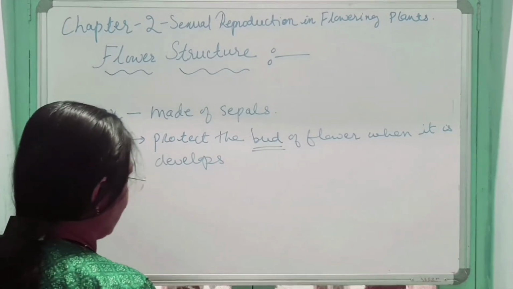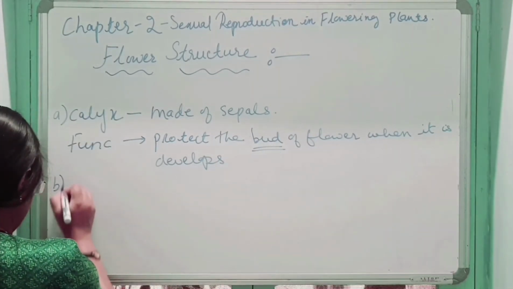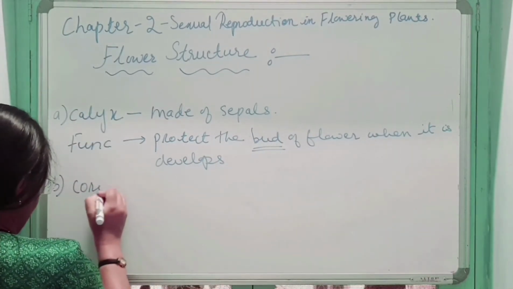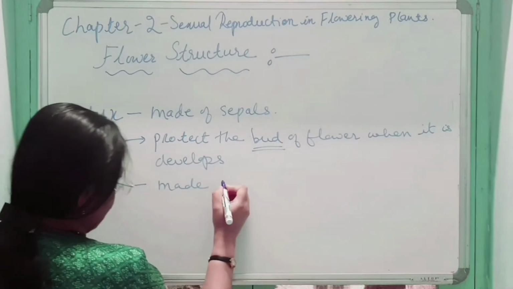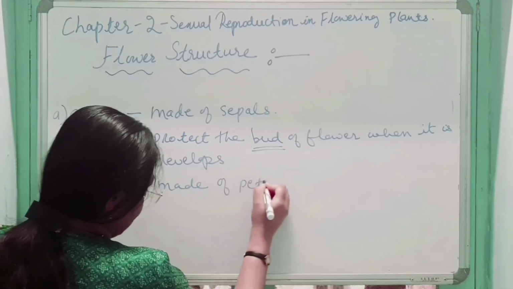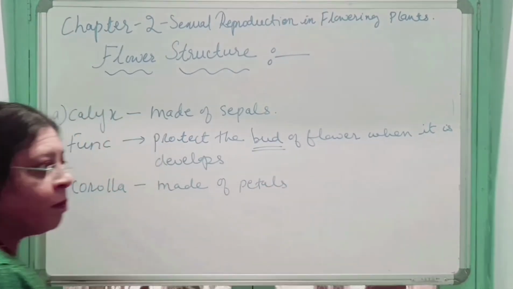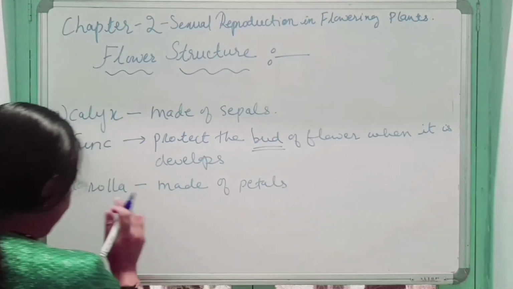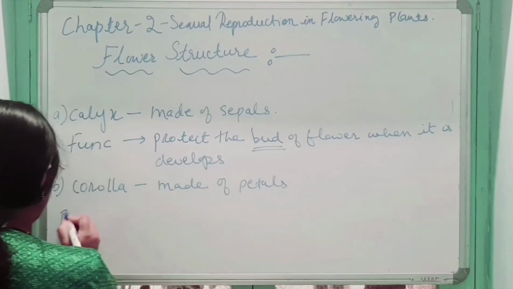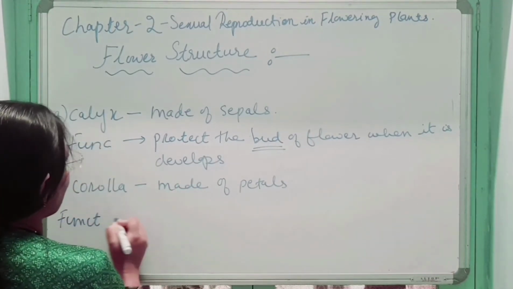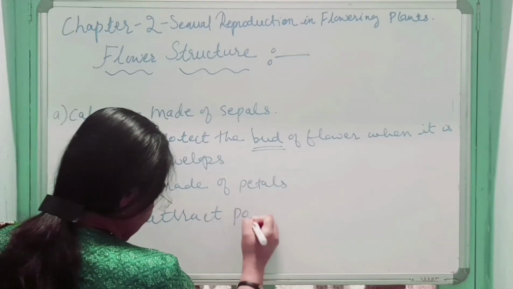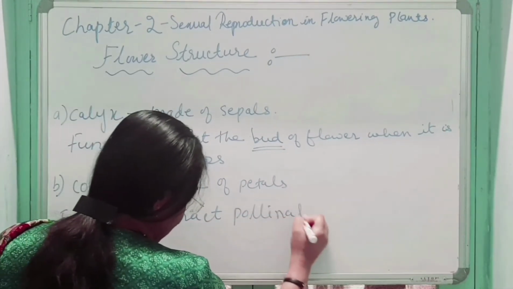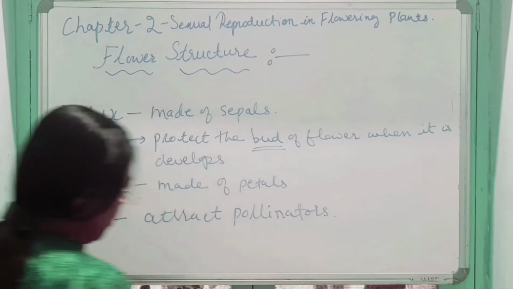Okay. The second part, corolla, is made up of petals. As you know, petals are mostly colored and bright. So the main function of corolla is to attract pollinators. It attracts the pollinators.